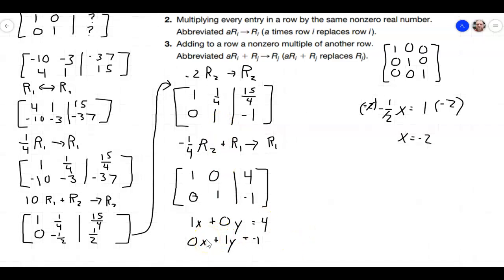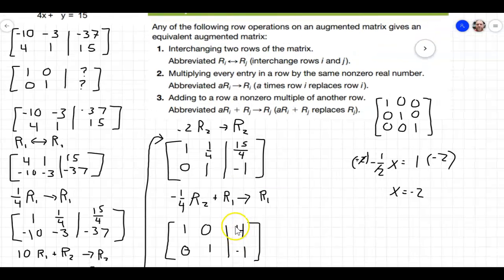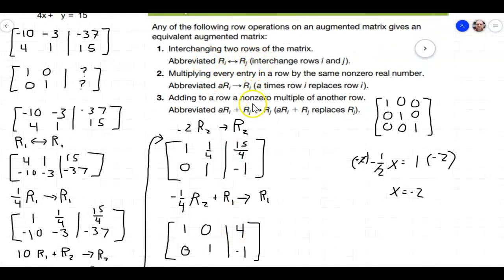This is a complicated process at first, but once you get used to it, there's really only 3 different things that you can do to it. You just have to make sure that you're going in the right order. So remember, you start with the 1 on your first column, and then you get the zeros, usually by doing number 3, adding some value times a row to another row to get those zeros.